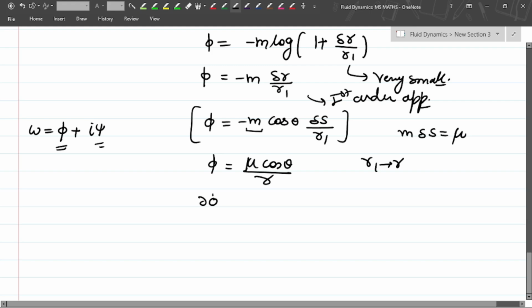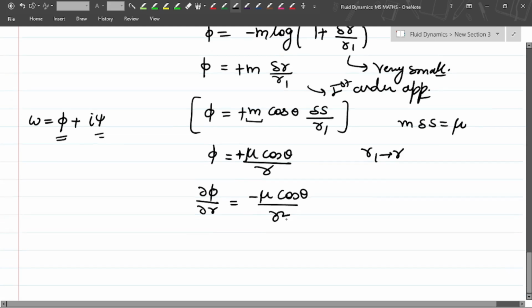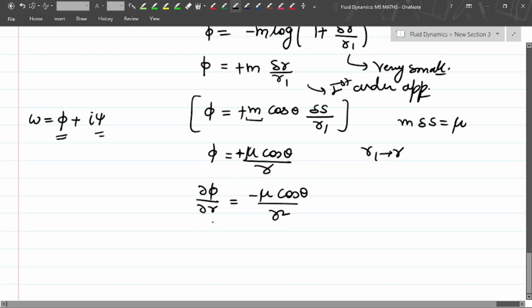So dou phi by dou r is equal to minus... yeah, it is also minus. So minus mu cos of theta, no, it is not minus here. It should be plus, I think. After approximation it will be plus, because in the log the first term is minus. Yeah, this is plus, this is also plus, but differentiating with respect to r, it is 1 by r, that is minus 1 upon r square.